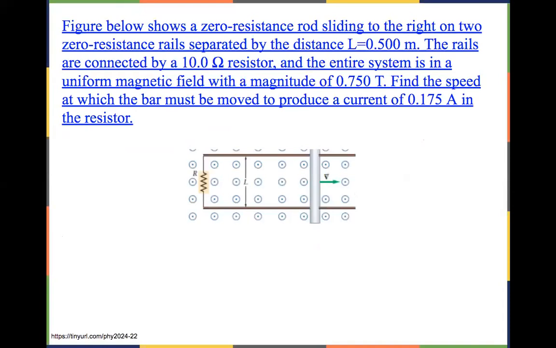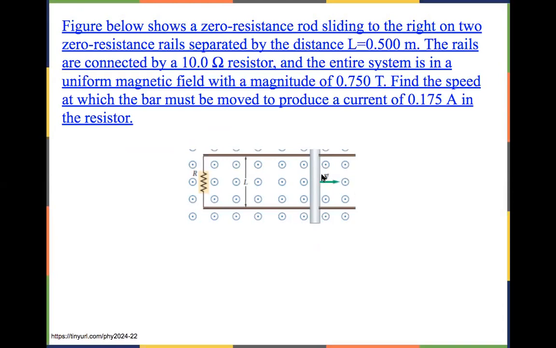All right, but let's take a look at this example first. I will have you guys take a couple of minutes to work on this one, and then we can look at the solution together. This one says, as the figure shows here, the B field is pointing towards you. The rod is moving towards the right.